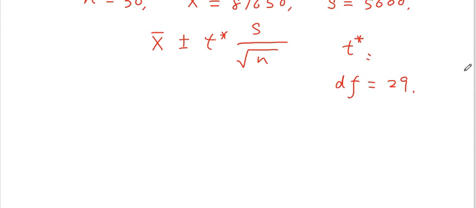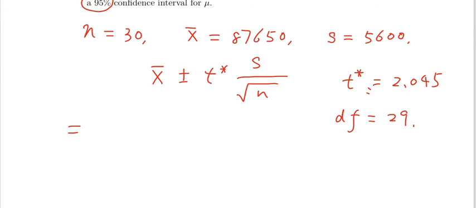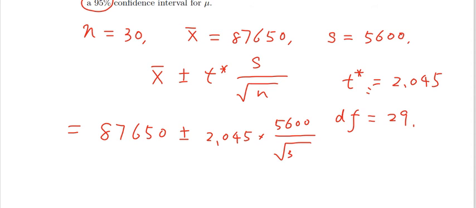So now this problem is so simple, right? T star equals 2.045. So we just plug in here. So x bar is 87,550, plus minus 2.045 multiplied by s over radical 30.